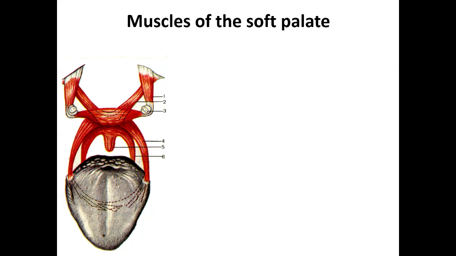So, first 2 muscles originate from the base of the skull. Here it is superior position, this is inferior position. And number 1 is musculus tensor veli palatini.